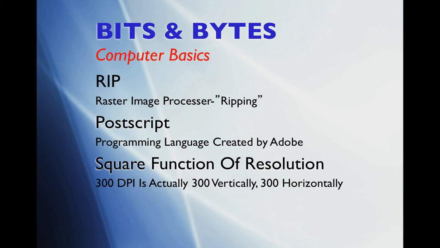And it's very important because a raster image processor is an electronic component that we have in all laser printers, and any printing or output device at a professional print shop, and many of our high-end inkjet printers have a raster image processor, an electronic device. Not so for the vast majority of the low-end, inexpensive inkjet printers that many of us have at home.